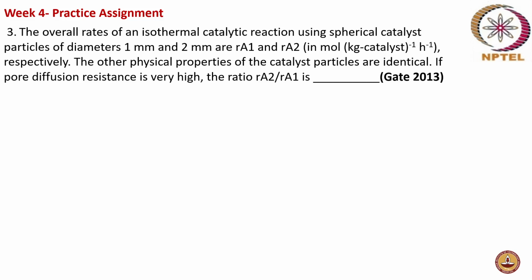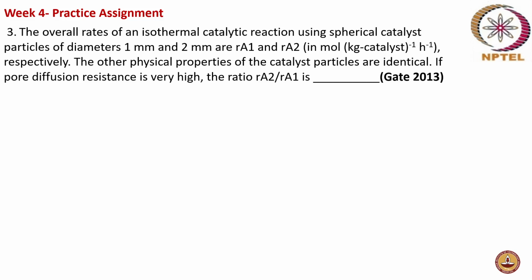Next, question number 3. The overall rates of an isothermal catalytic reaction using spherical catalyst particles of diameters 1 mm and 2 mm are Ra1 and Ra2, their units being mole per kilogram catalyst per hour, respectively. The other physical properties of the catalyst particles are identical.